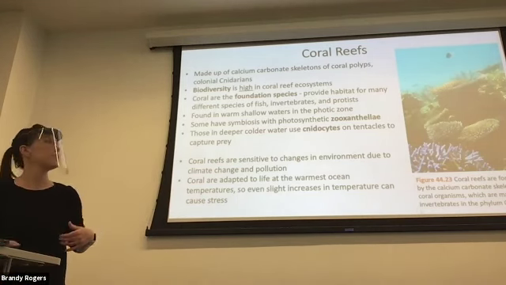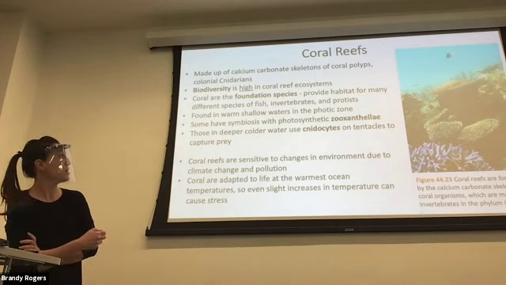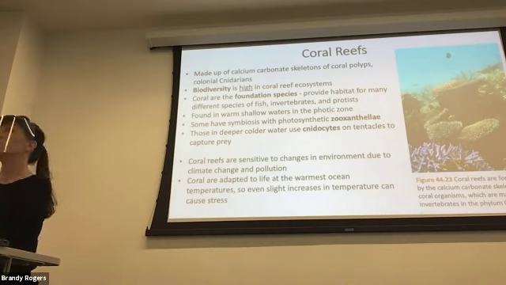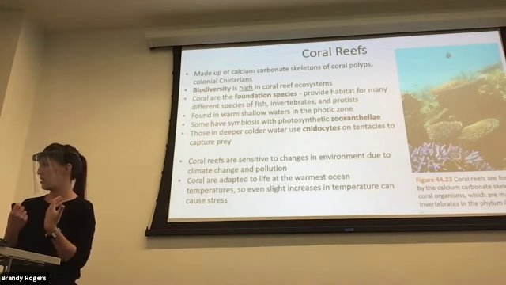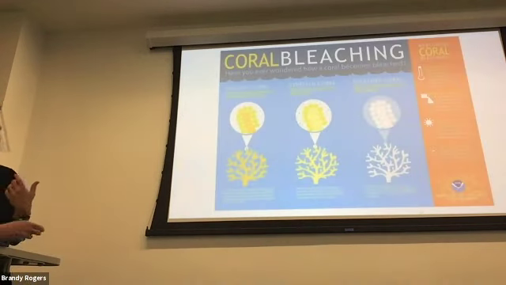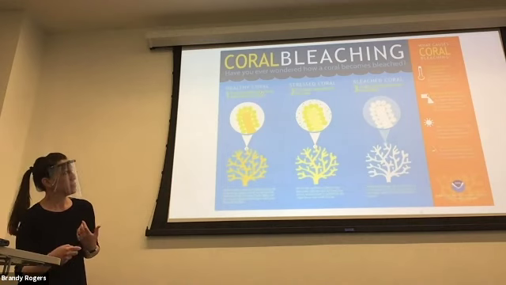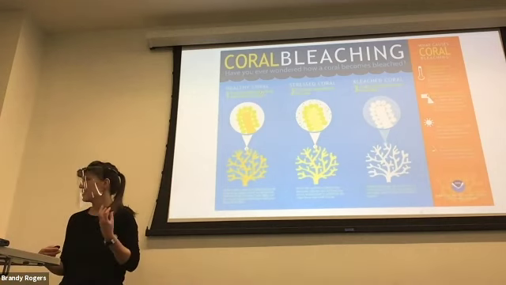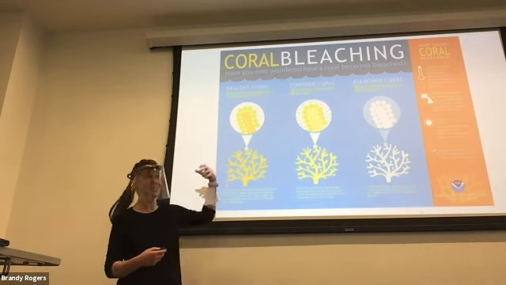Remember, I don't know if you remember, we talked about it when we were talking about that symbiotic relationship between zooxanthellae and the coral polyps, but when the coral gets stressed, they tend to kick those zooxanthellae out. You guys remember that? We talked briefly maybe about coral bleaching. So we call it coral bleaching because they often lose their color, because the coral polyps themselves are kind of clear and colorless, but the zooxanthellae that live inside are photosynthetic.